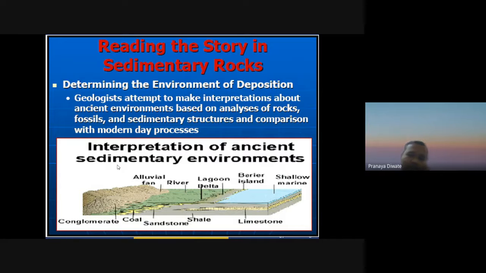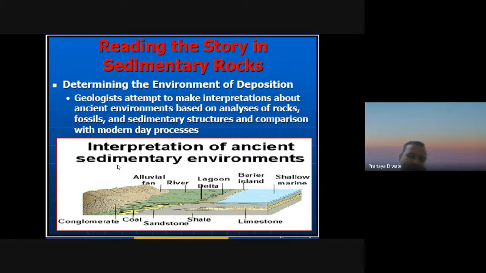So what is the concept of reading the story in sedimentary rock? When you have sediment with a specific sequence, like graded bedding, fining upward, or coarsening upward, whatever sequence you are looking for, that sequence tells you the story of what environment they were deposited in. A delta is always having a fining upward or coarsening upward sequence.